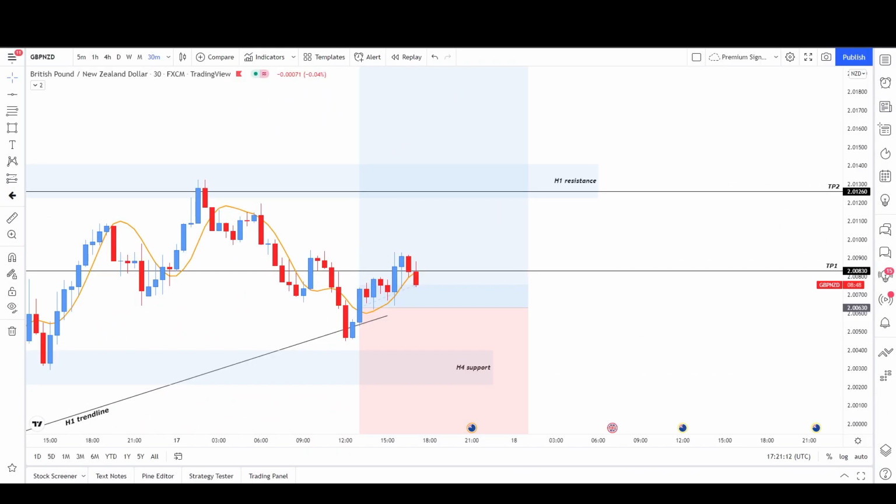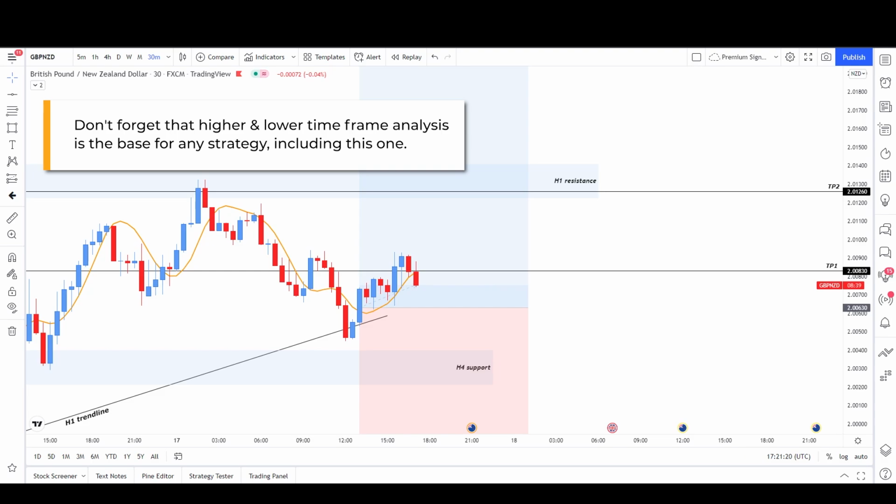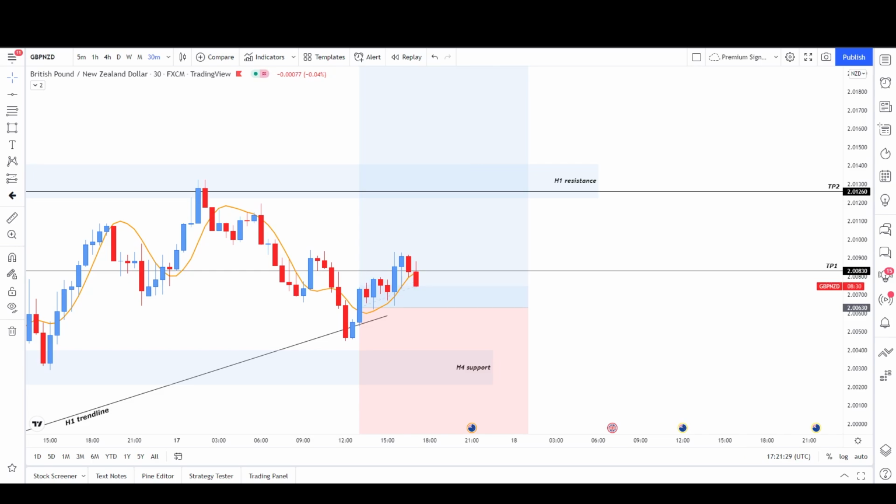So here's a little sneak peek at the trade I performed using this strategy. I have GBP NZD on the 30-minute time frame. Of course, if you're looking to employ whole moving averages in your trading, you'll have to begin by analyzing higher time frames. You'll have to search for support, resistance, trend lines, and any chart patterns that will help you along with the strategy.